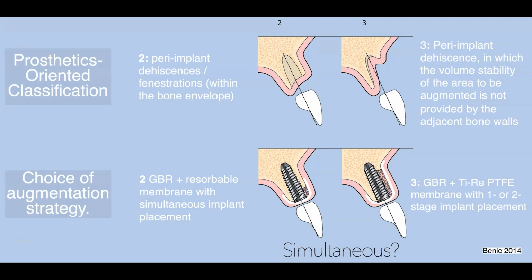And then we have Bennett class 2 and 3. In class 2, we have a peri-implant dehiscence that is within the bony envelope. We already discussed and explained what the bony envelope is, and all of these terms, peri-implant dehiscence or fenestration. And in class 3, it is not totally within the bony envelope.